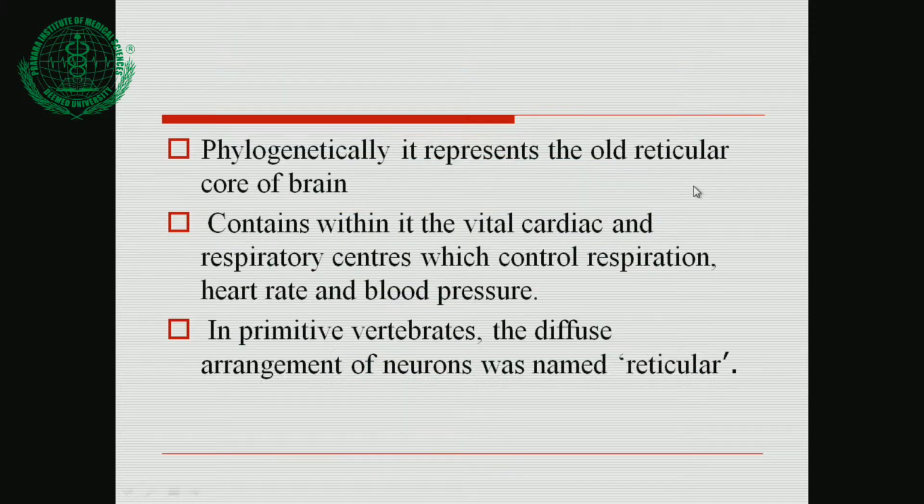Phylogenetically, it represents the old reticular core of the brain and contains within it the vital cardiac and respiratory centers, which control respiration, heart rate, and blood pressure. In primitive vertebrates, the diffuse arrangement of neurons was named reticular.